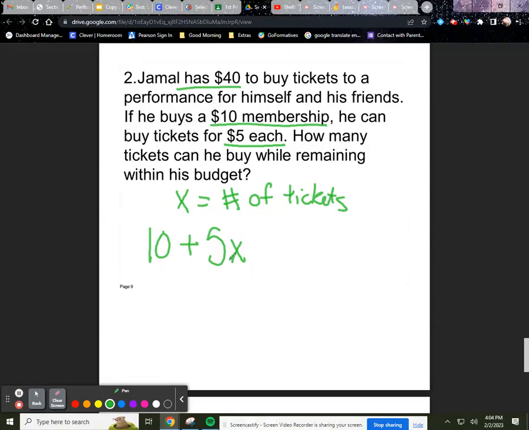So we cannot spend more than $40. It has to be less than $40, but he can spend the 40, so we are going to include it. So he has 40, cannot spend more than it. That's why we have less than. But he can spend that 40, so we could include 40. Anything 40 or below, he could spend on these tickets.